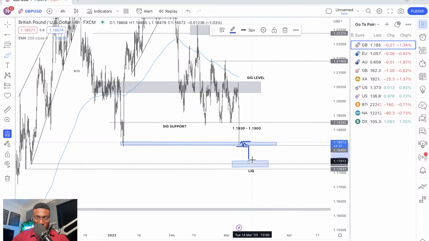And this is where you actually should start looking for buy opportunities on the pound dollar. But currently, we're still going on sales. We're still bearish on pound dollar.